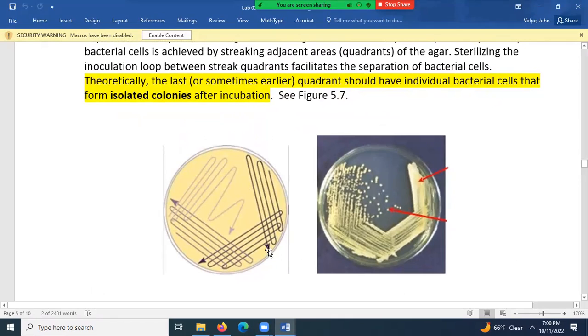What you do is your sterile loop, you go through part of sector 1 to form sector 2, meaning you pick up cells in sector 1 and then you streak out sector 2. You should only go back into sector 1 about 3 times. And they've done this a little too many times. That's 1, 2, well, it's only 3 times because the coming back is not picking up more cells.